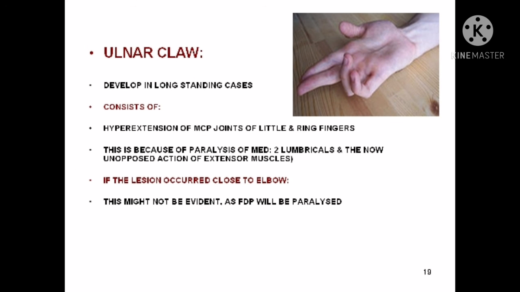The ulnar claw develops in long-standing cases. It consists of hyperextension of the metacarpophalangeal joints of the little and ring fingers, because of paralysis of the medial two lumbricals and the now unopposed action of the extensor muscles. If the lesion occurs close to the elbow, this might not be evident as the FDP will be paralyzed.